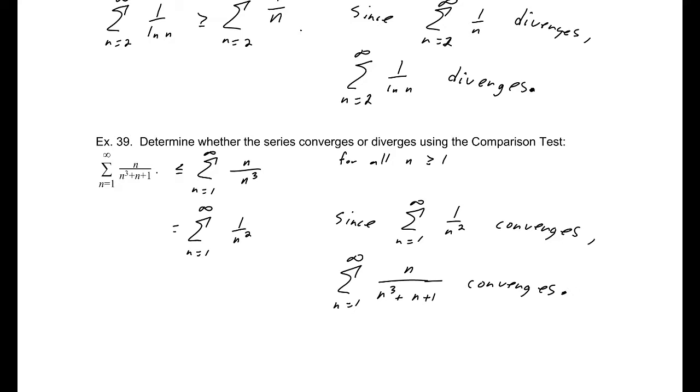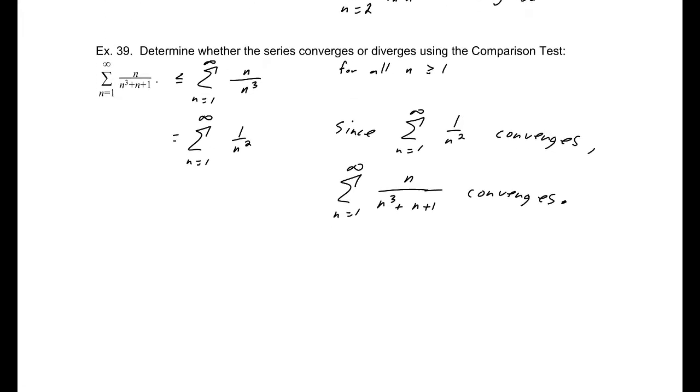So if we can somehow compare it to a p-series or a geometric, that is fantastic. Those are the only ones that we really are completely familiar with at this point that converge.